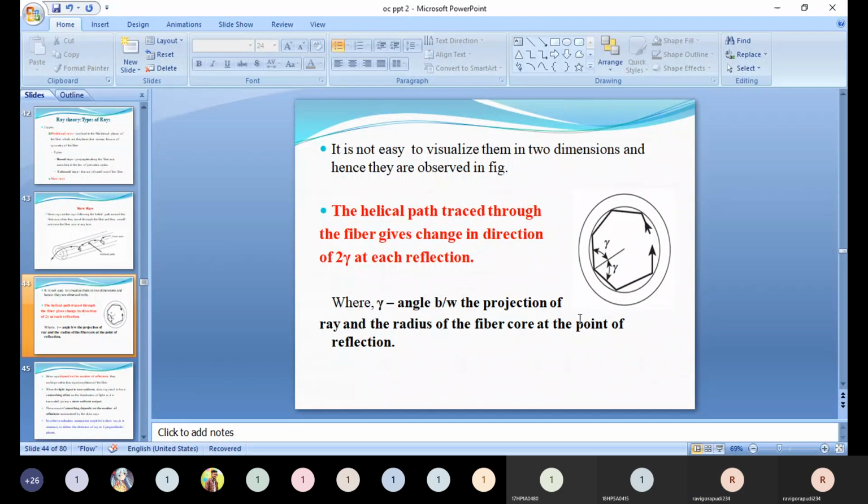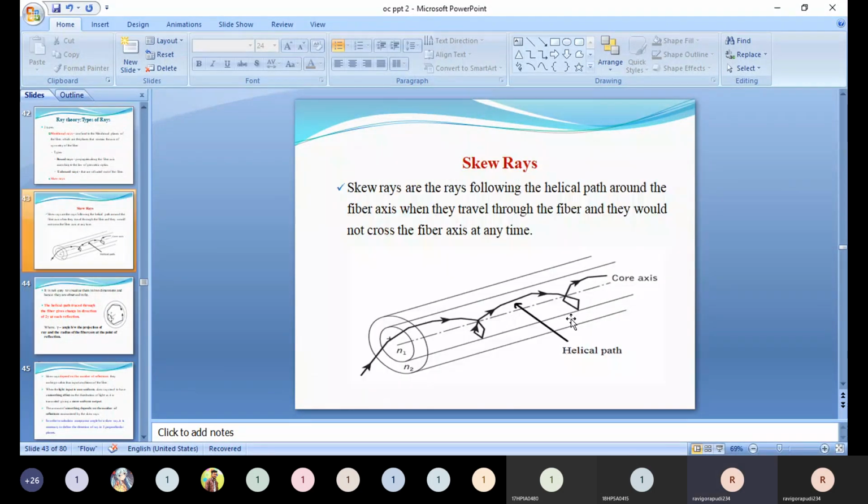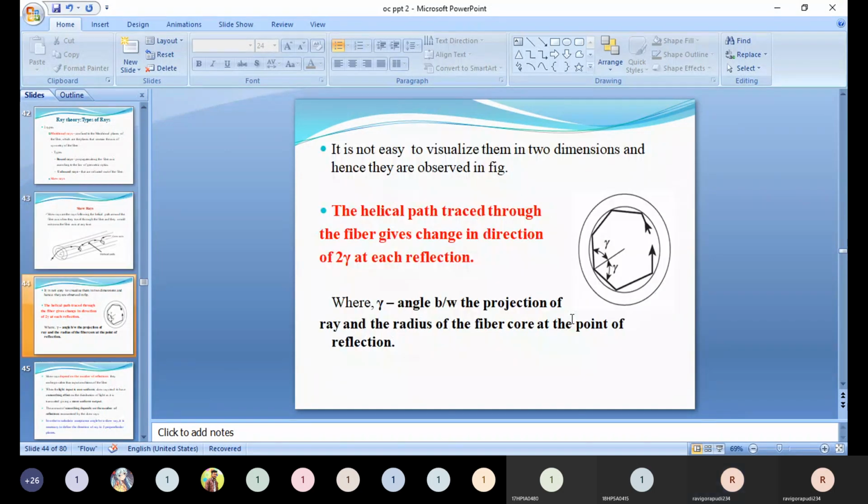Helical skew rays are nothing but the rays which are transmitting in the core in helical path. Those are nothing but skew rays. And the skew rays for each reflection make 2 gamma angle. Okay.